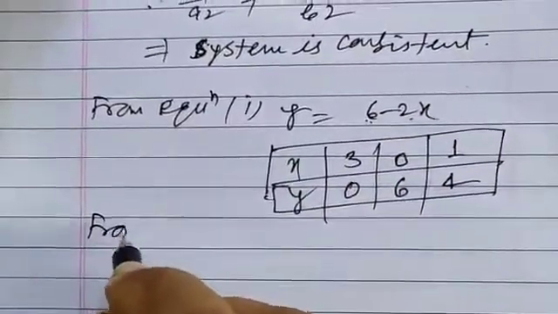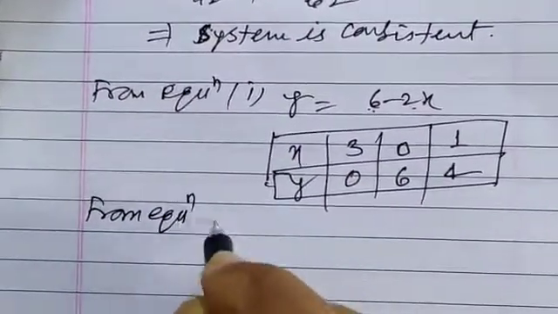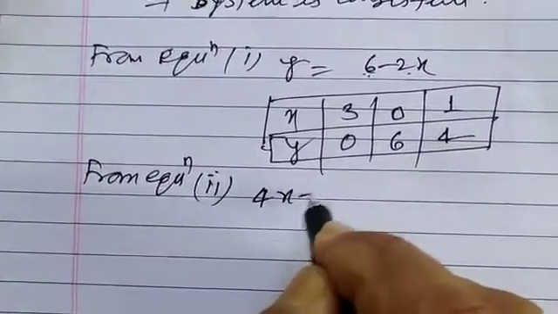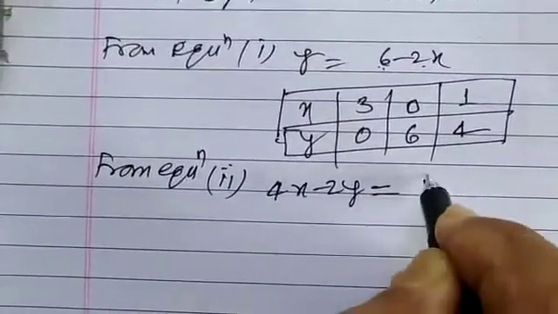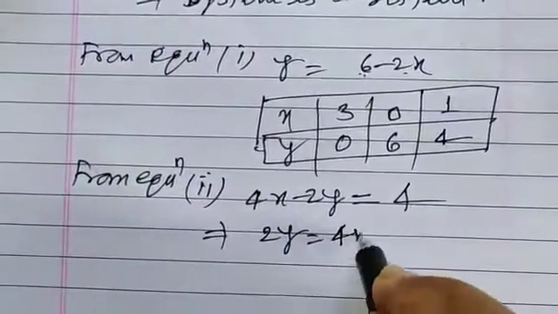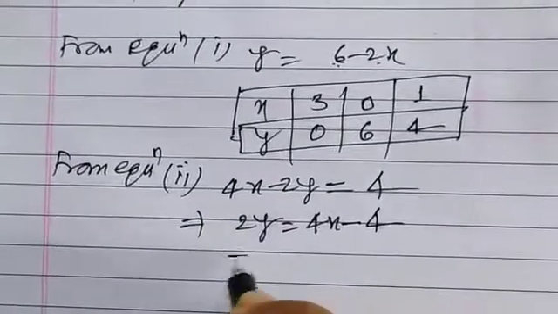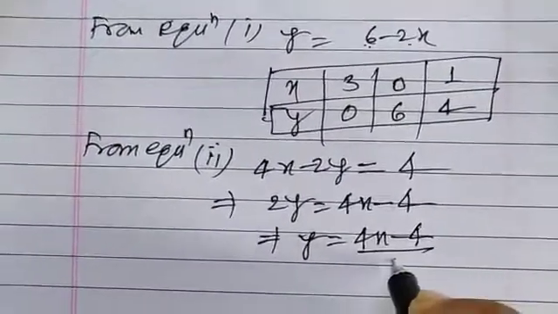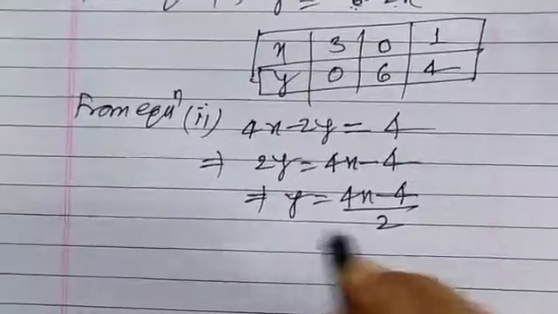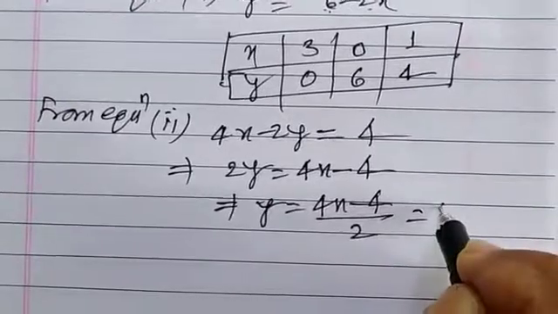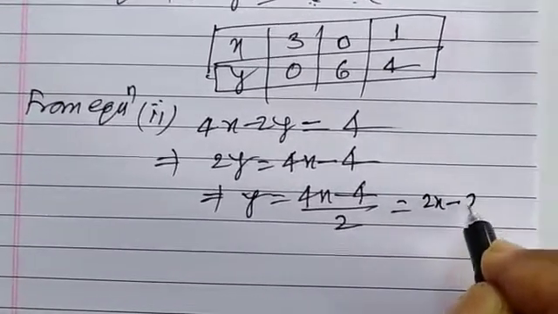From equation 2, we will get 4x minus 2y equals 4. This implies 2y equals 4x minus 4. This implies y equals 4x minus 4 by 2. So 2 cancels, then it will be 2x minus 2.